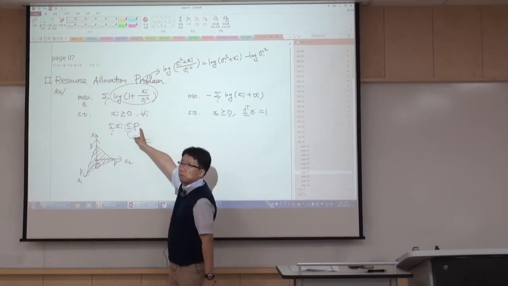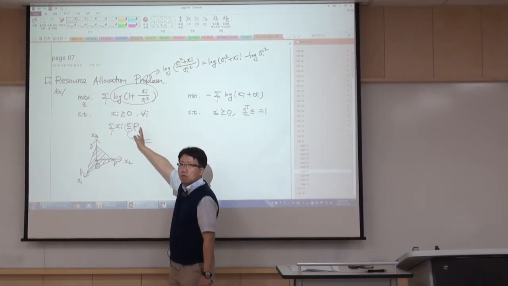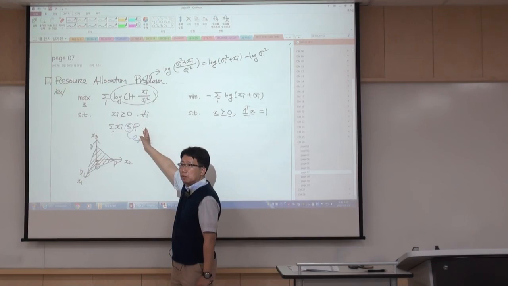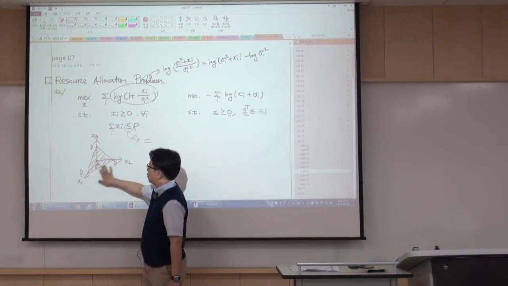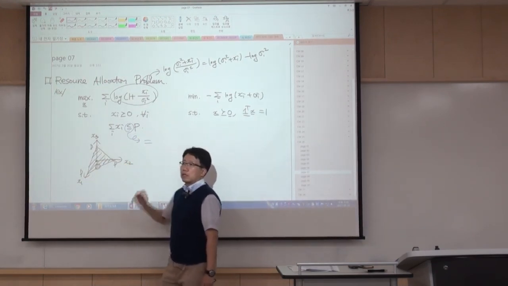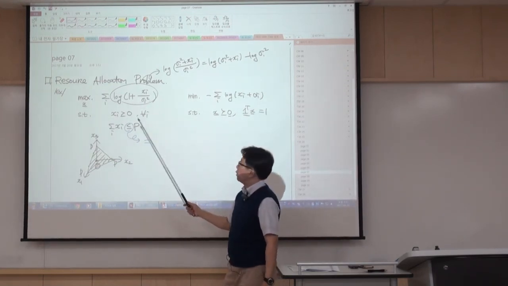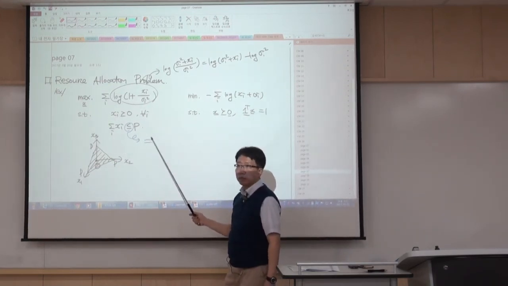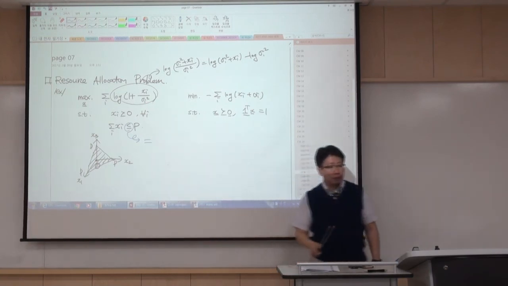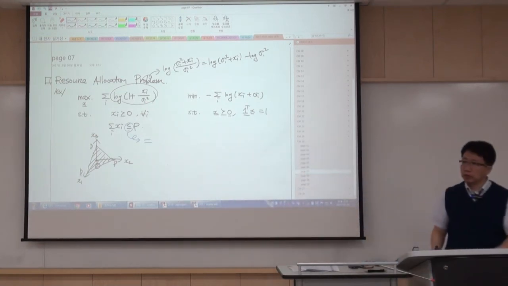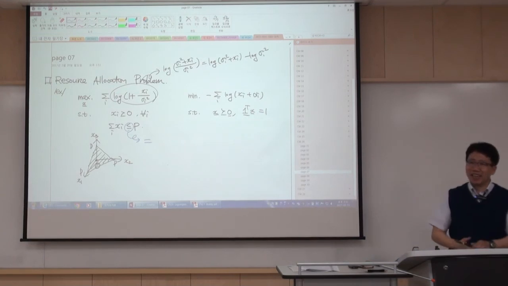Fortunately, in this special resource allocation problem, our optimal solution must reside on this simplex, the triangle in this case. Got it? Because we have equality. This is very important. You will see it in the exam. Anyway, I really love resource allocation problems.